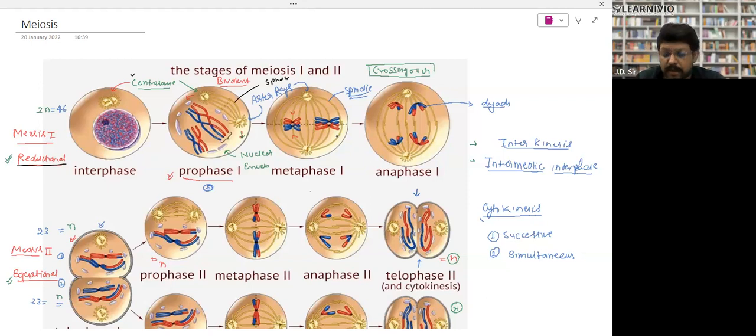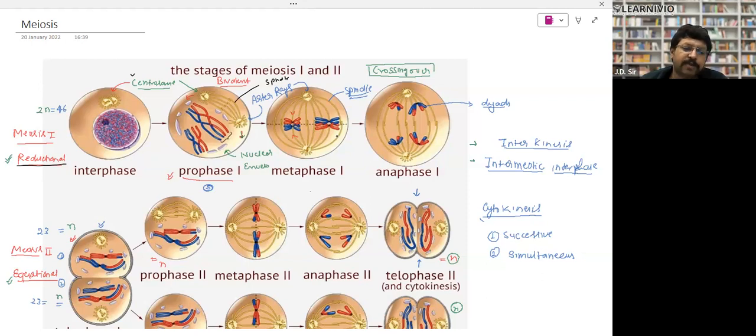It takes place only where the gametes are formed. For example, in humans, meiosis takes place in the gonads, where the sperm or egg is formed. In the rest of the body, wherever cell division takes place, that is mitosis. So meiosis takes place during gamete formation.